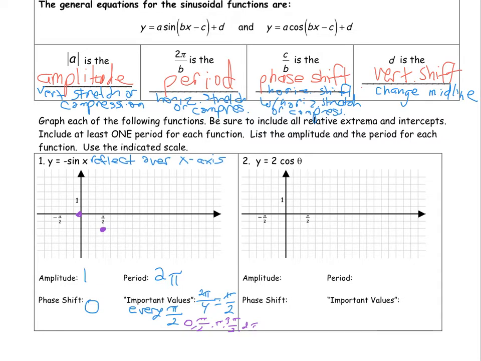Okay, then pi, we're back on the axis. 3 pi over 2, 1, 2, 3 up there. And then I'm back down, 1, 2, 3, right there. Oops. There we go. So that is the absolute minimum that you have to graph.